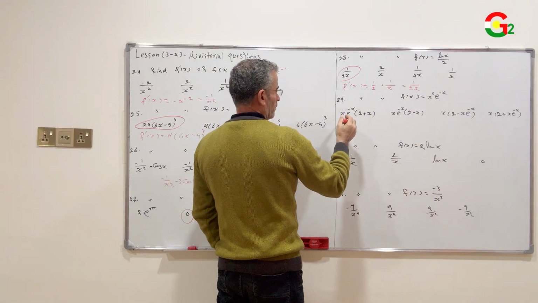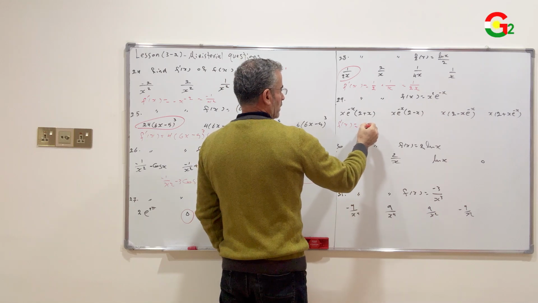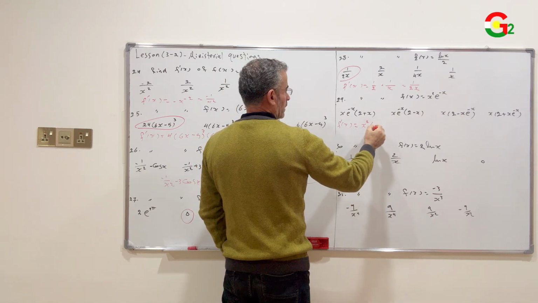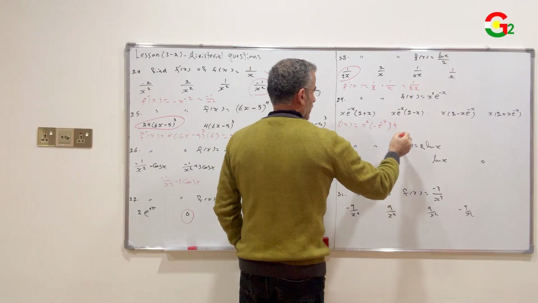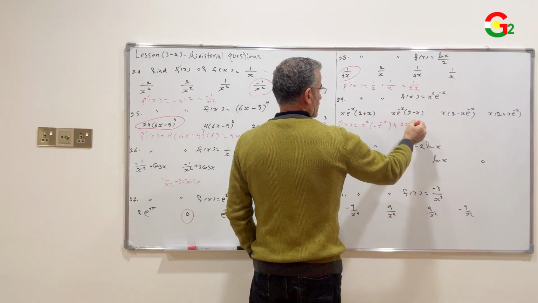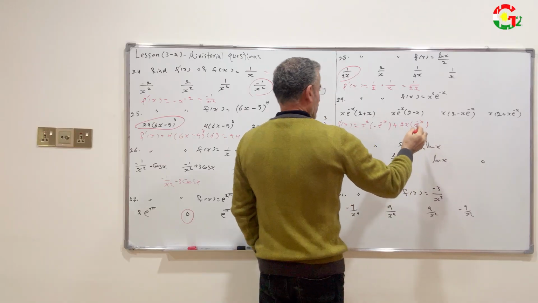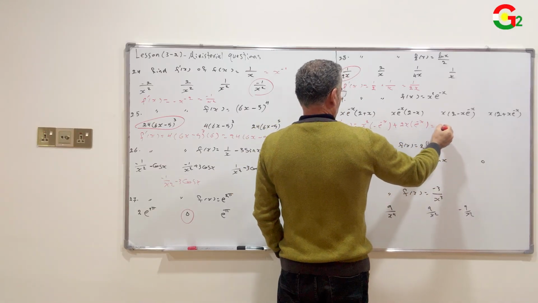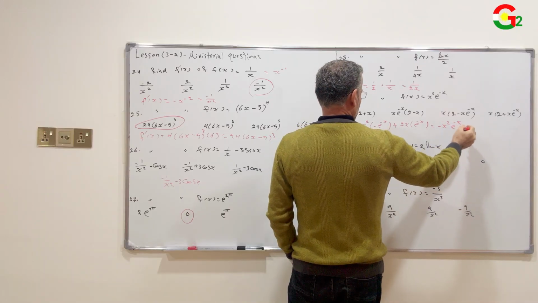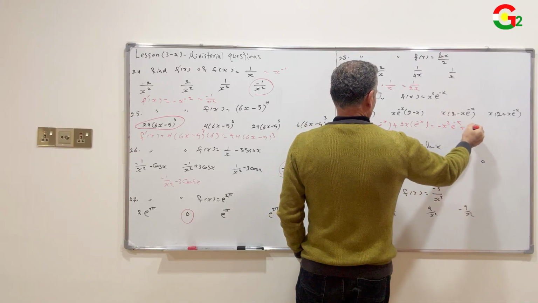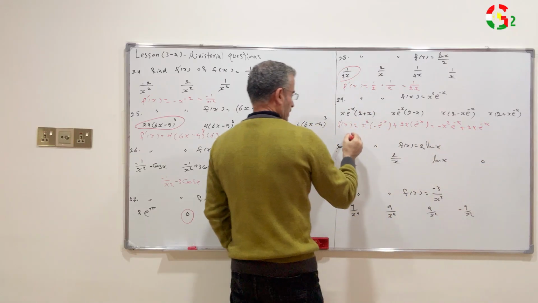Apply the rule of multiplication of two functions. f prime of x equals x power 2 times negative e to the negative x plus 2x times e to the negative x. Simplify this derivative: negative x power 2 e to the negative x plus 2x e to the negative x.